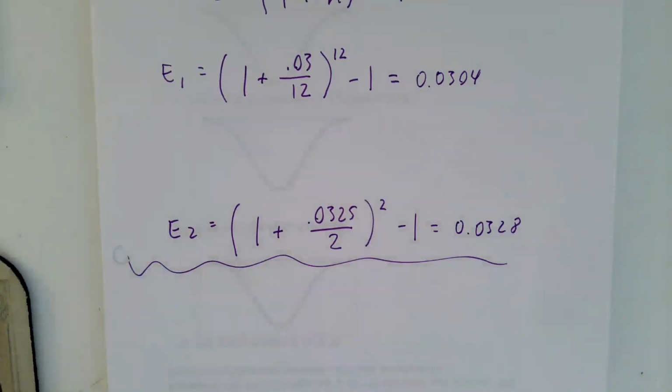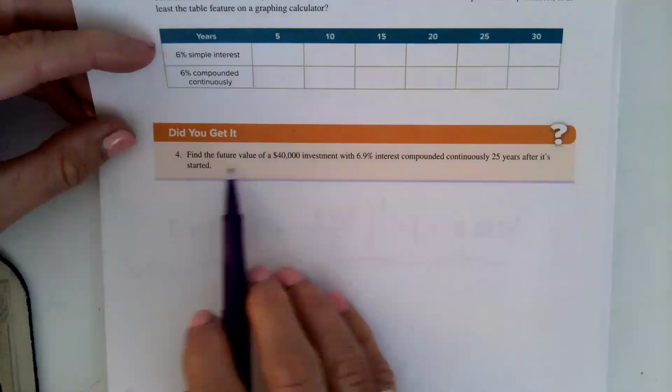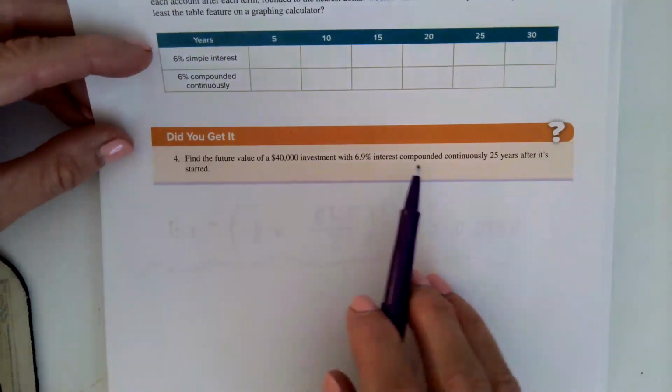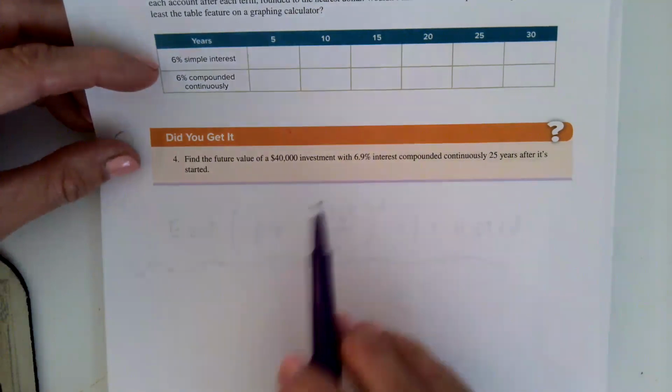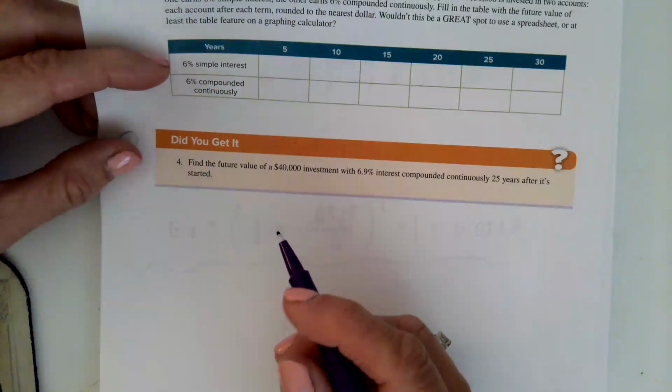And then looking at the last, did you get it? It says, find the future value of a $40,000 investment with 6.9% interest compounded continuously 25 years after it started. So compounding continuously is a new formula that we learned.